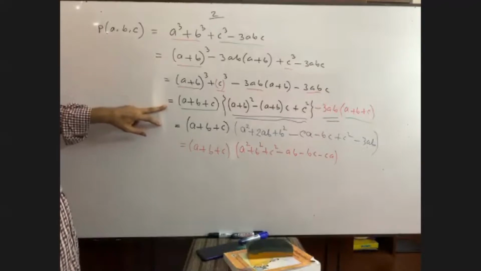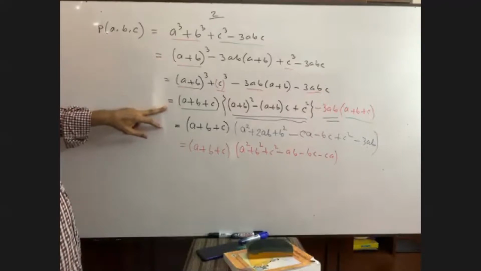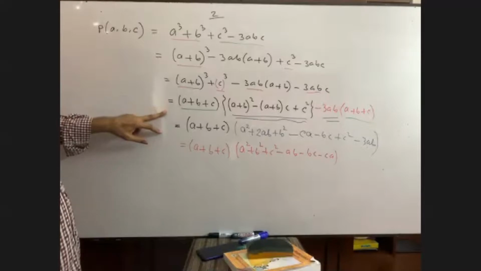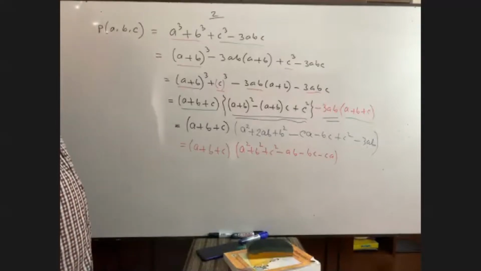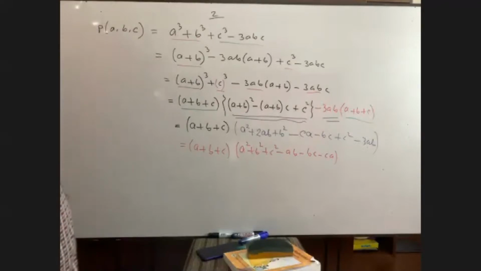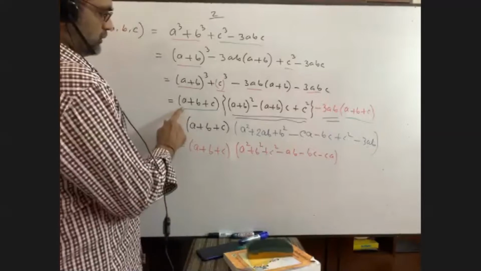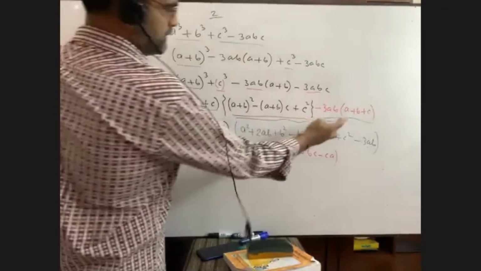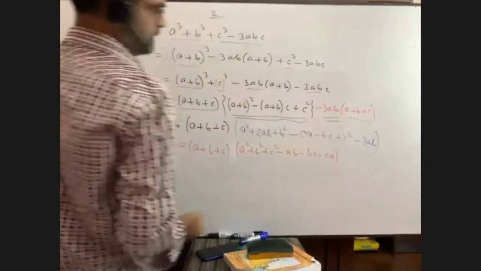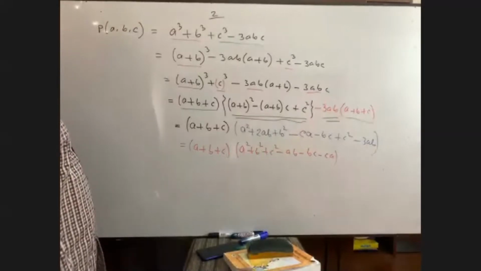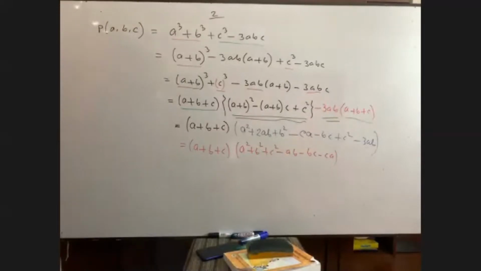What happened to the minus 3ab in the very end? You didn't take it. The minus 3ab into a plus b plus c in the next step. Okay. Very good. I have taken common a plus b plus c. Oh, sorry, sir. Okay. Now is it done? Yes, sir.